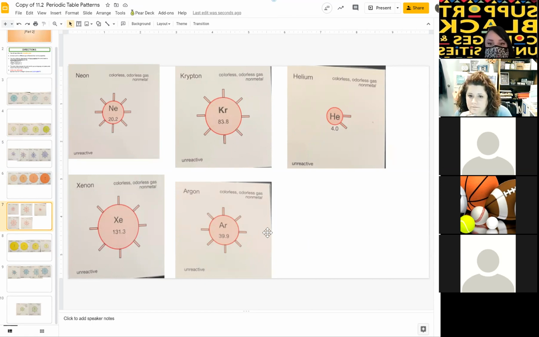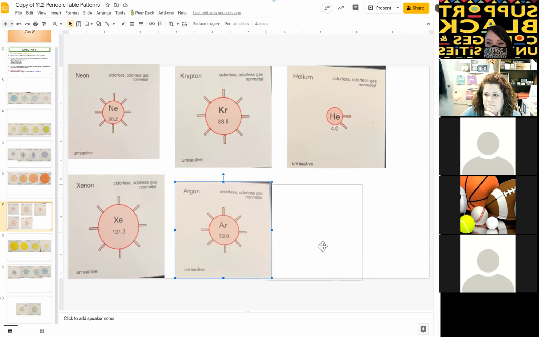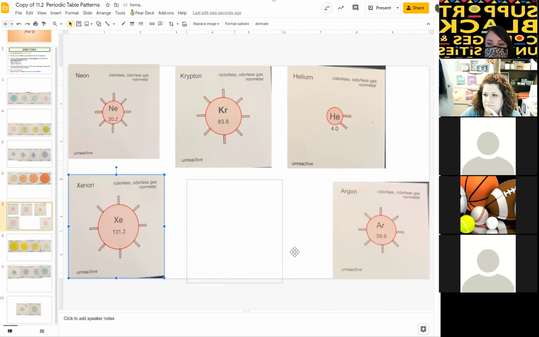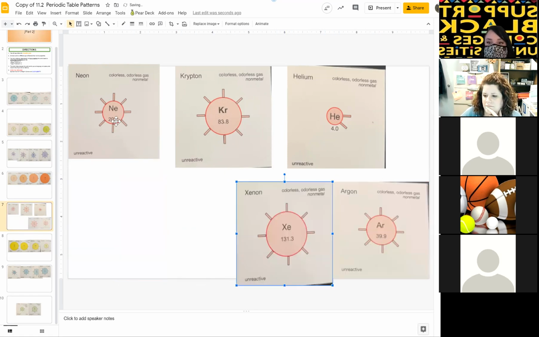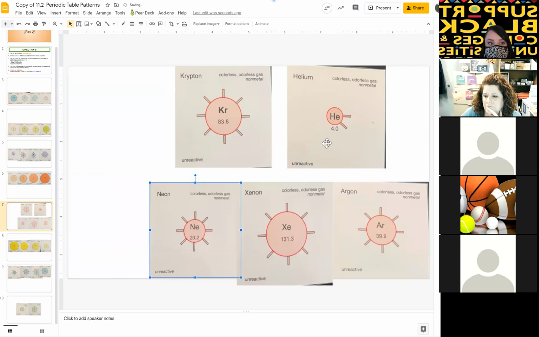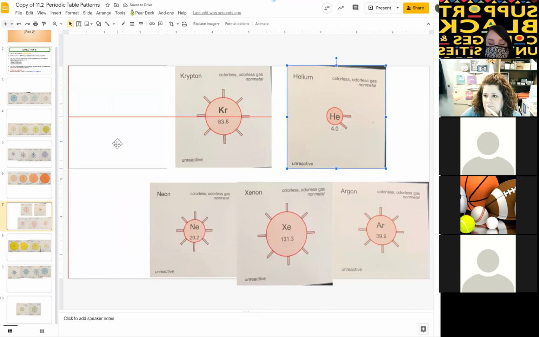Okay, very good. How many sticks do they have? Are they all the same? No, some of them have like 8, and there's one that has 2. Okay, so one has 2 and some have 8. So that's an important thing for us to think about here as we move in today's assignment, because you're going to figure out what these sticks represent.